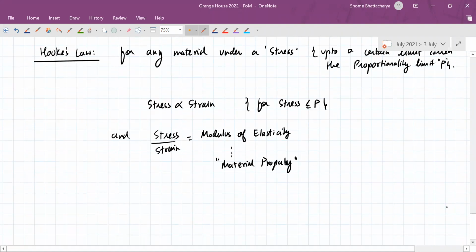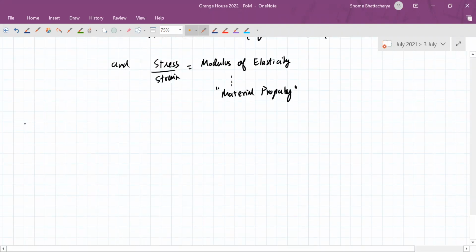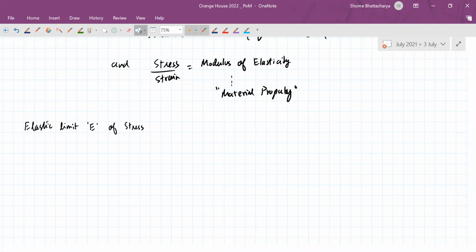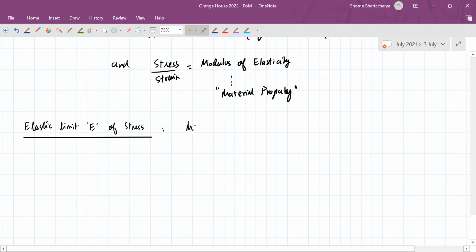Another important aspect is elastic limit of stress. So there is a maximum limit of stress, which is called the elastic limit, up till which the body displays elasticity.